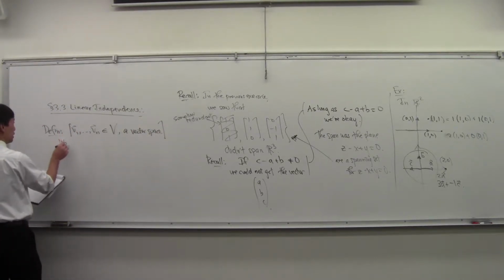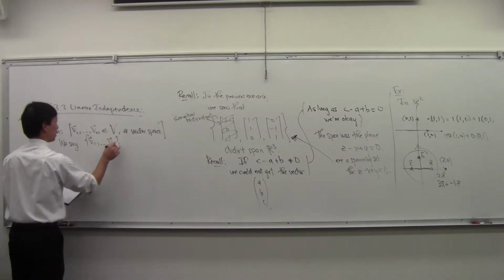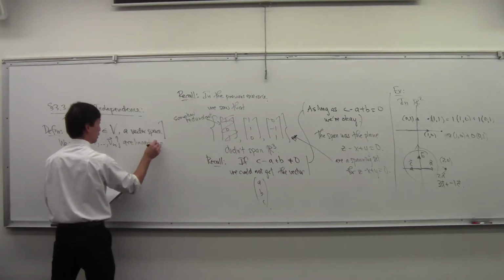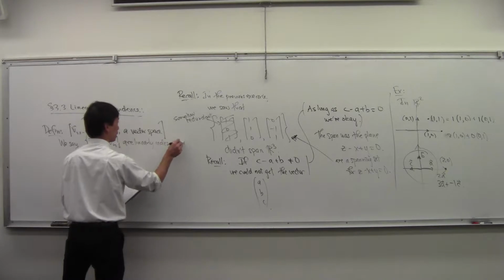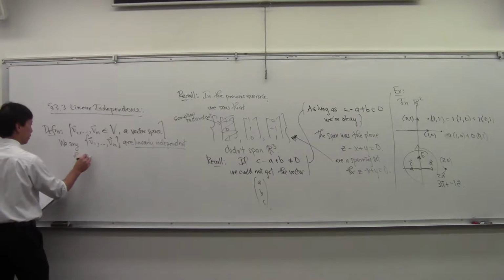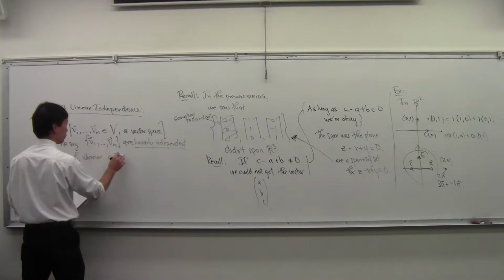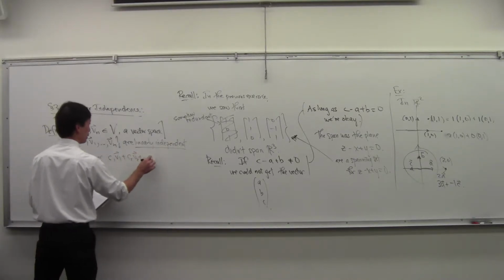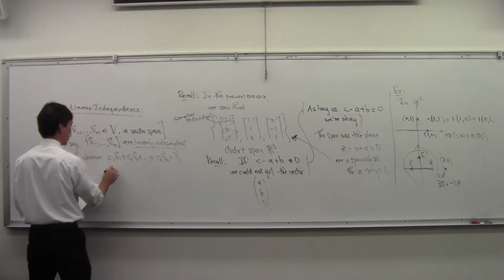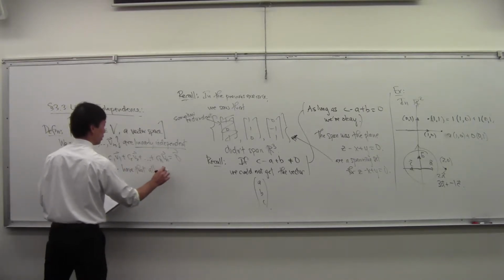We say that the Vi are linearly independent if whenever C1 V1 plus C2 V2 plus through Cn Vn equals the zero vector, we have that all the Ci must be zero.